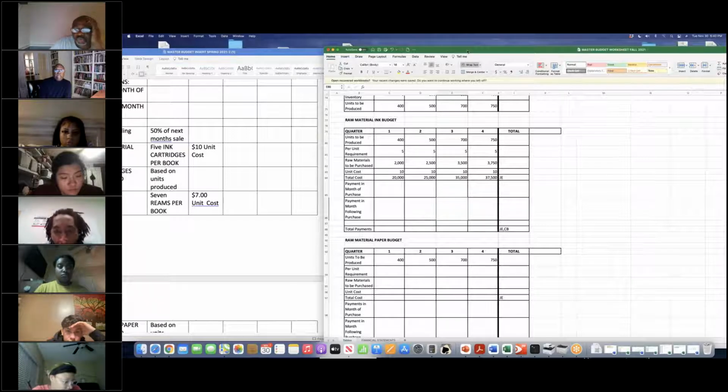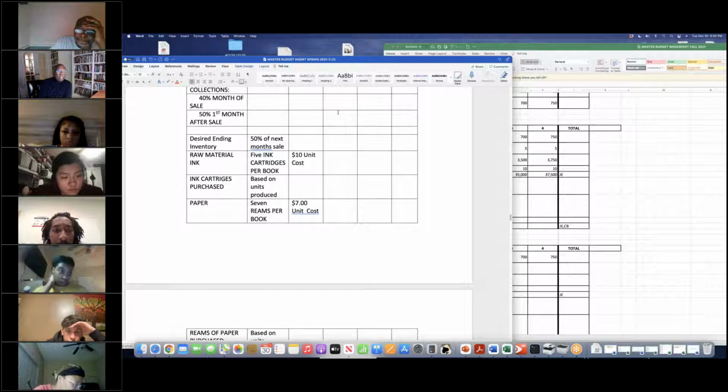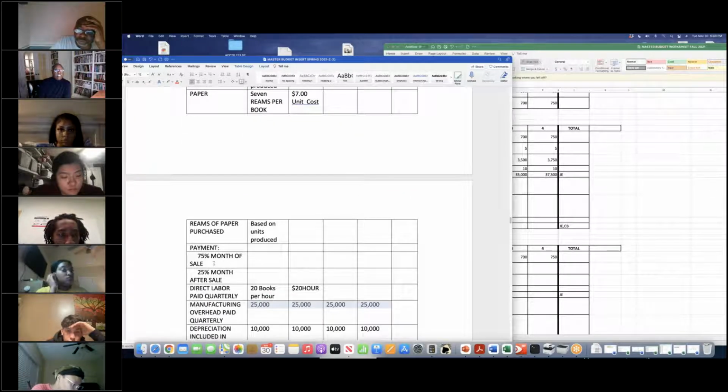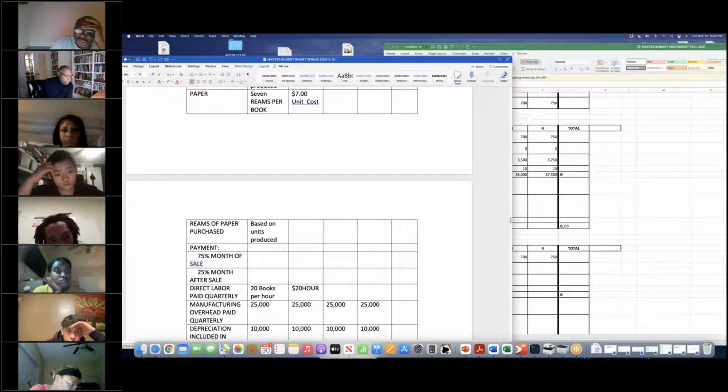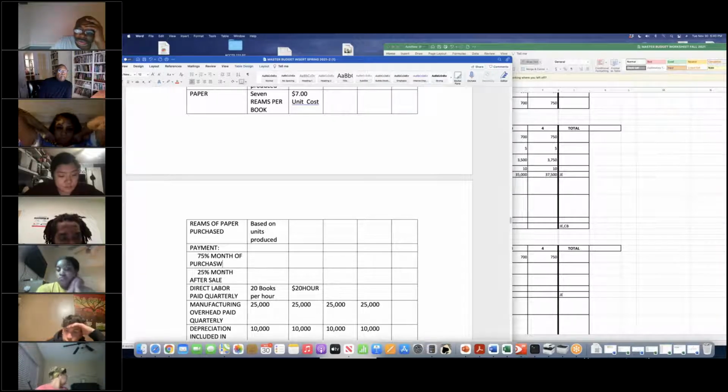Now the change we have to make, similar to what we were doing before, it says that we pay 75% in the quarter of purchase. So whenever we buy something, we pay 75% in that quarter.